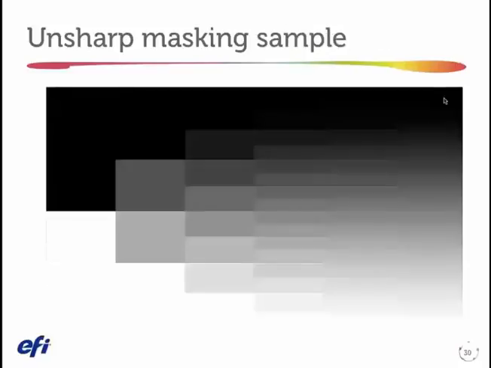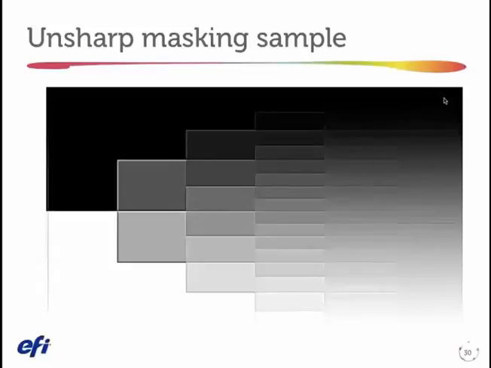So here's an example of digital Unsharp masking. I've just created a black and white sample here for you, a grayscale sample, that shows different levels of difference between the edges. And I've applied truly a massive amount of Unsharp masking so that you can see this on the WebEx. But what you see is that there is an extra dark and an extra light line drawn on each side of these borders, okay? And I have a control over the radius of that border.